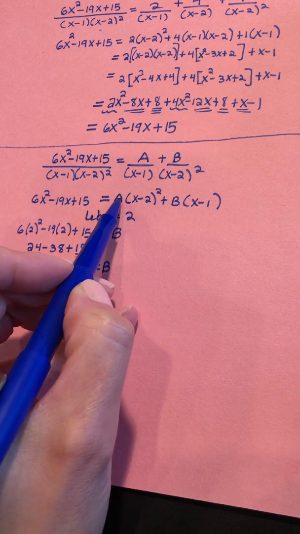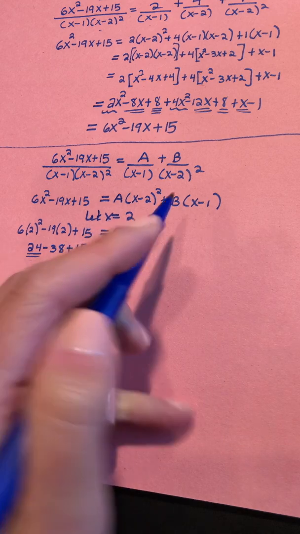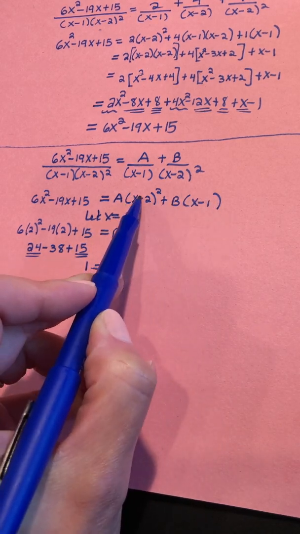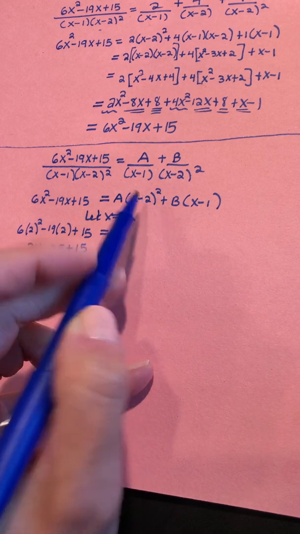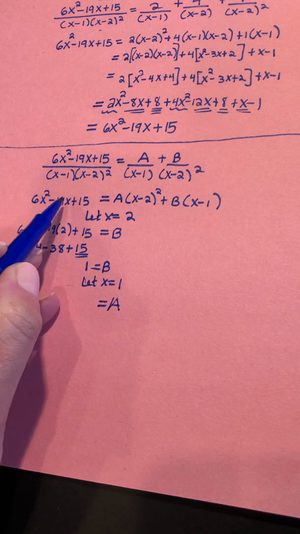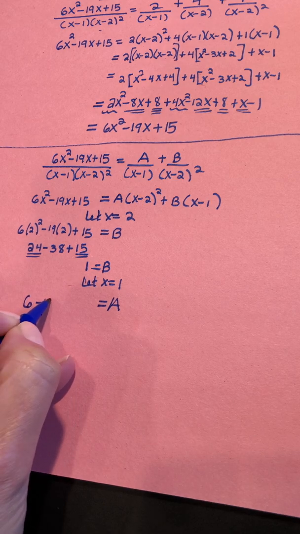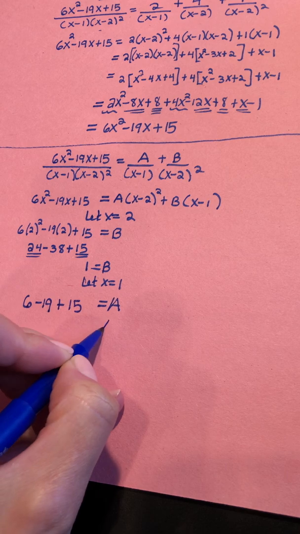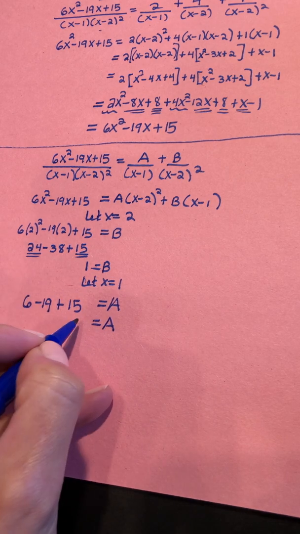That will allow me to solve for A, and it makes B drop out. 1 minus 2 is negative 1, but negative 1 squared is 1. So 1A is going to equal, if I plug in 1, 6 minus 19 plus 15. And so A is going to equal 2, correct?